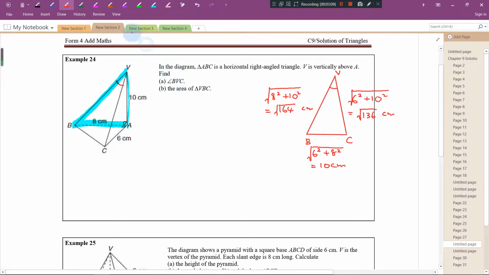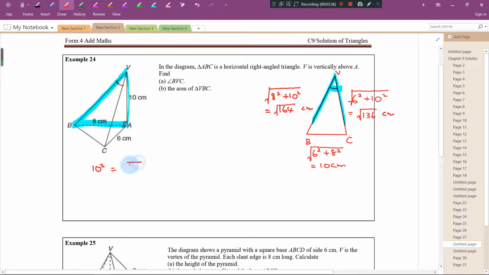Okay, so according to the sine and cosine rules, I hope they still remember this. BC squared, 10 squared, is equal to VB squared plus VC squared minus 2 times VB times VC times the cosine of this angle.